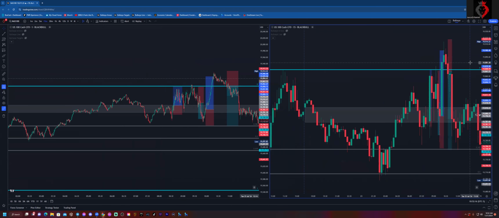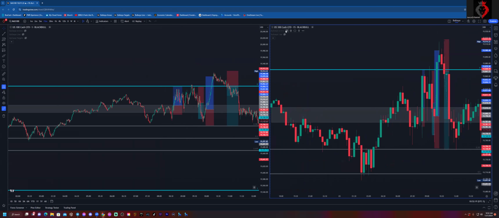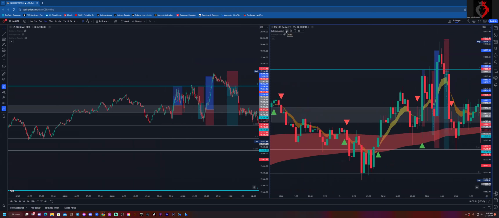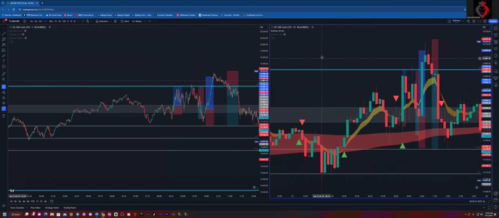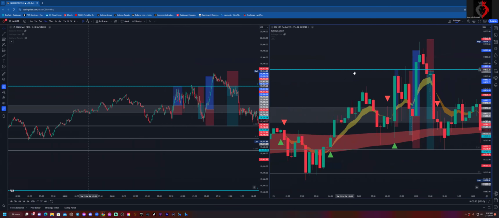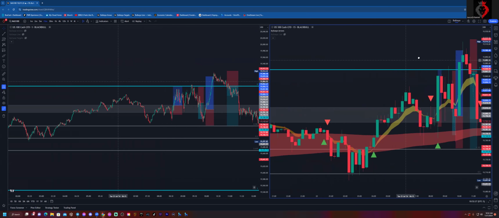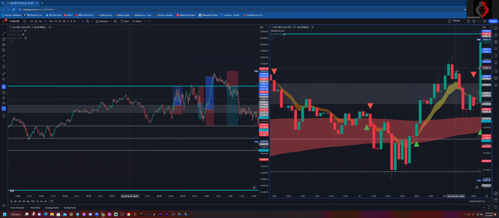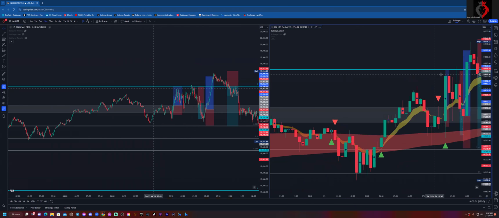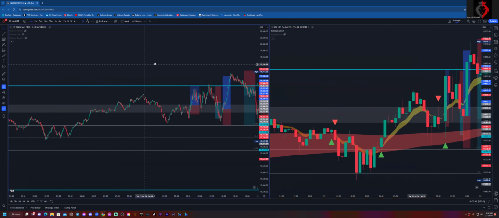And let's see, what did we have on the cloud? Cloud is still red on Tuesday, just like Monday. Okay, and then at 8 o'clock, you get a red arrow down. So that's interesting, that's real interesting. Red arrow down, red cloud.